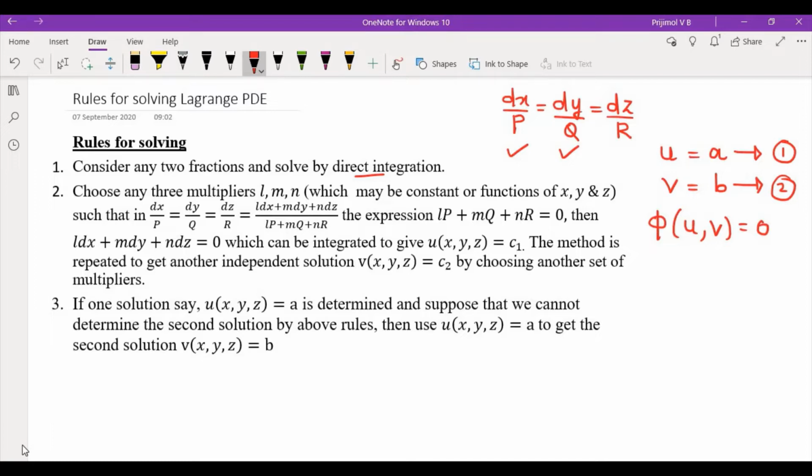And what if we are not getting a second solution, only the first solution? This is the third rule. If you are getting only a first solution, then what you have to do is you can use this as a substitution to find out a second solution, and that is also another rule when we are solving a Lagrange partial differential equation. Now let us switch on solving some problems.